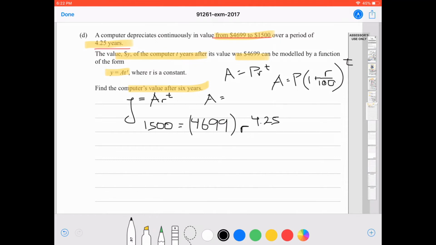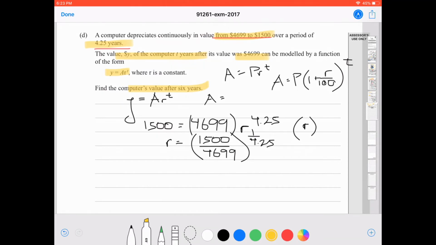Okay, so let's solve for r here. First thing we can do is divide 1,500 by 4,699. That equals a nasty decimal. So let's actually rearrange for r and then calculate it all in one. So we can say r equals 1,500 over 4,699, to the power of 1 over 4.25, so you're taking the reciprocal of this power here.